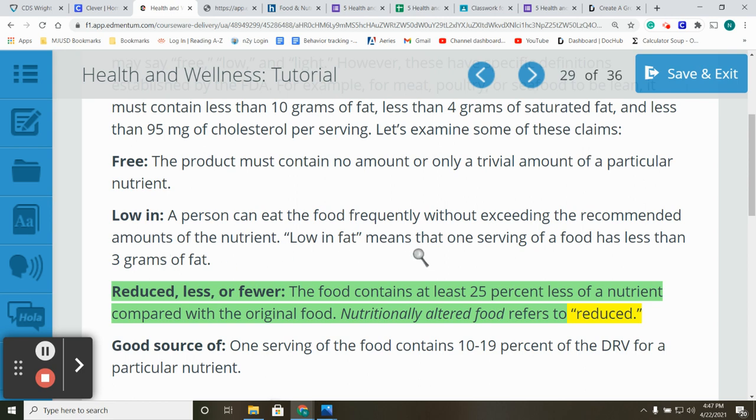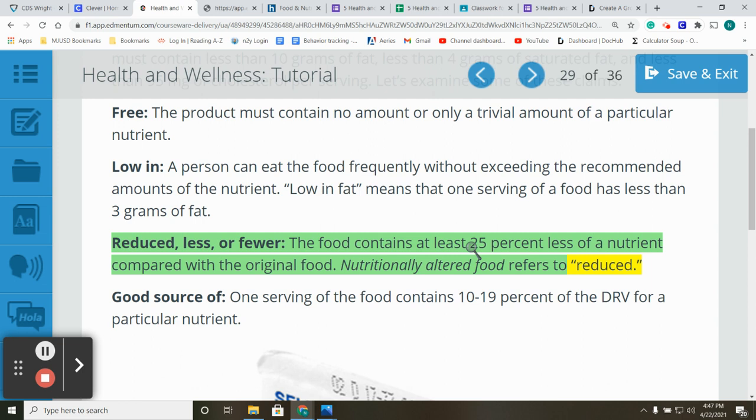Low in fat means that one serving of a food has less than 3 grams of fat. Reduced, less, or fewer. The food contains at least 25% less of a nutrient compared with the original food. Nutritionally altered food refers to reduced.